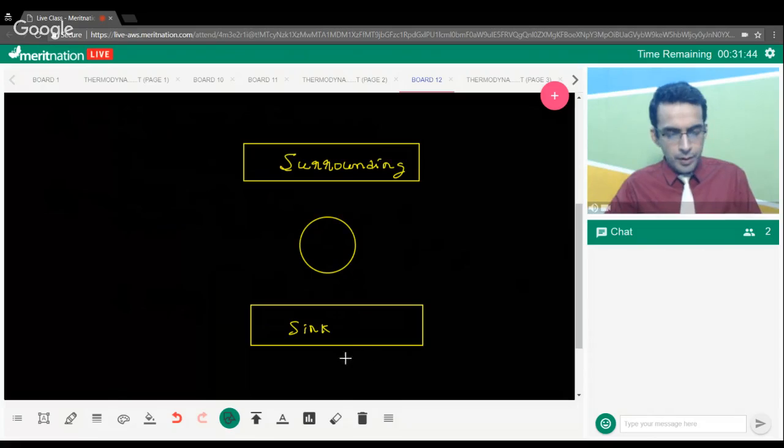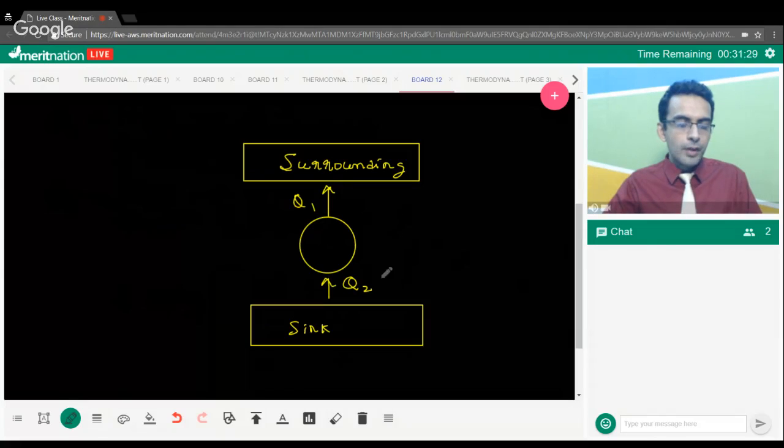Okay. So it takes the heat from sink. Let's say that is Q2, and gives that to surroundings. Let's say that is Q1. Okay. And it does some work. Some work has to be done.